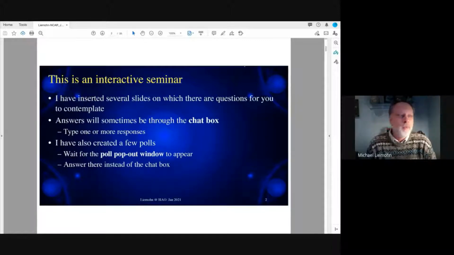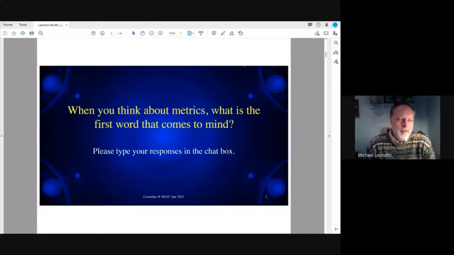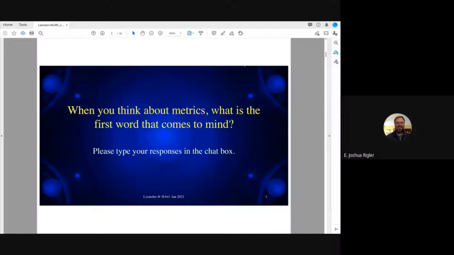With that, I will start off by asking you a question. When you think about metrics, so this talk of data model comparisons, we use the word metrics to describe that a lot. So what is the first word that comes to mind for you when I say the word metric? And yes, I really am going to sit here and wait for people to type. A distance, yes.